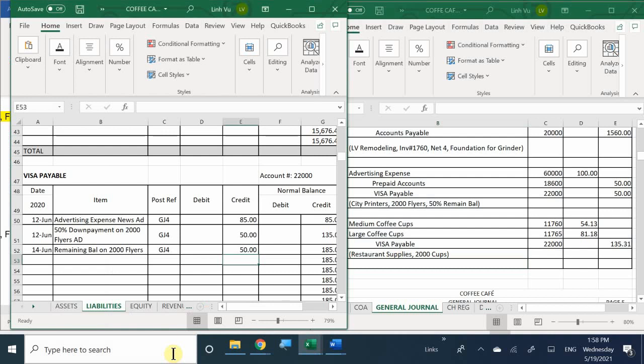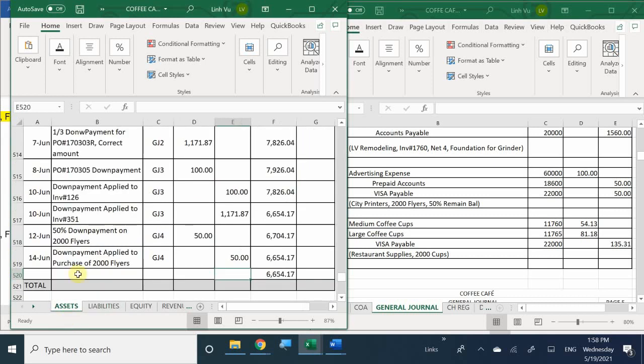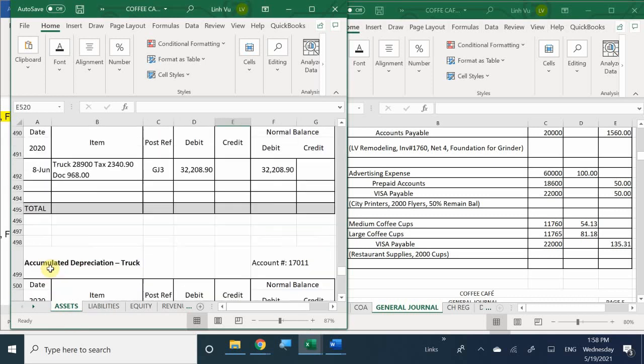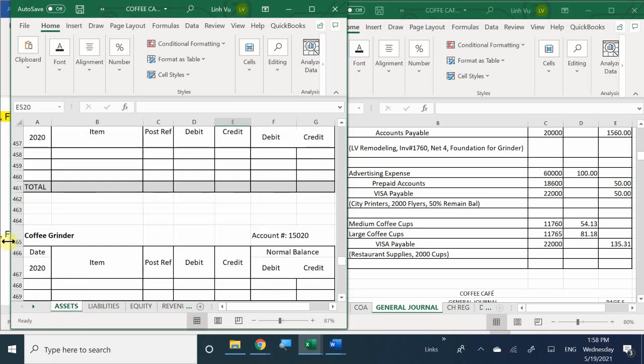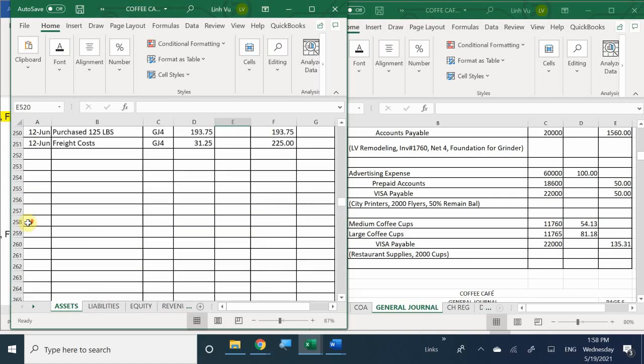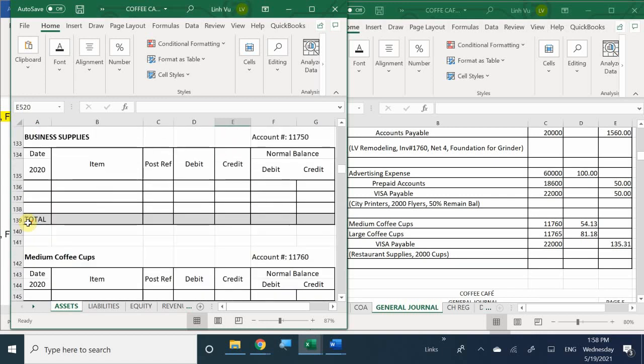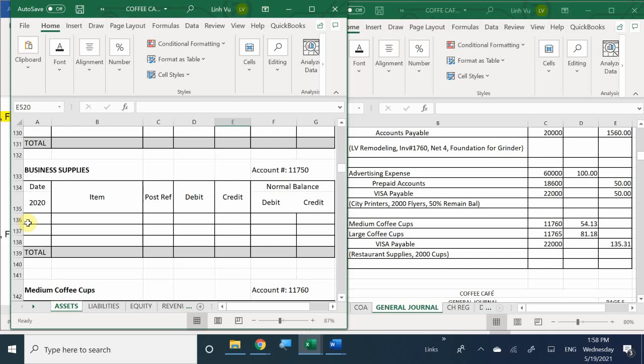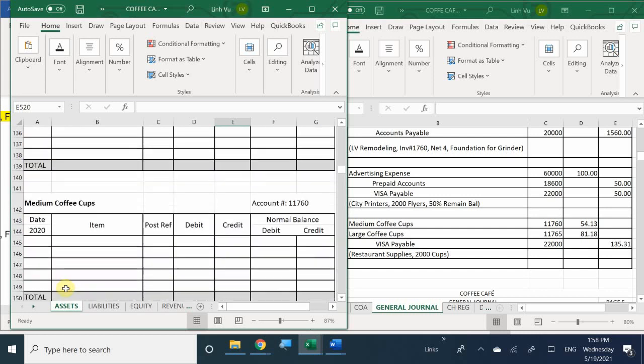So now we can move to our ledger. I'm going to go ahead and go to my assets first because that's the exact order I have it as. So it should be towards the top of the page. Here, my medium coffee cups is right here. Today is the date. Now, your note can say whatever you'd like to say.